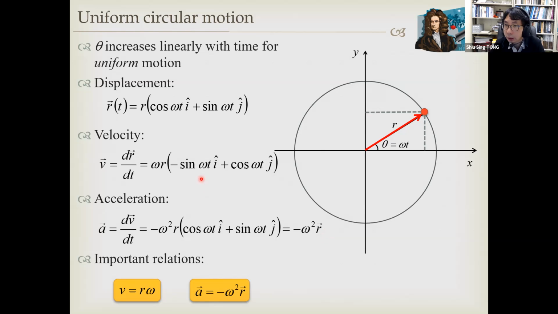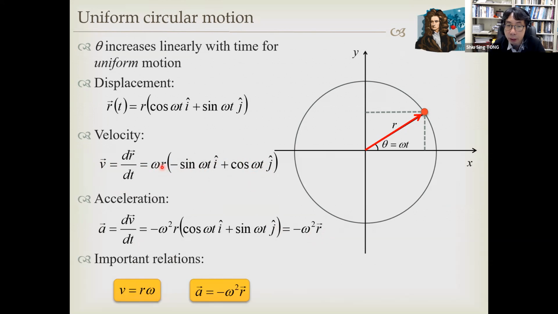You can see there are two important relationships coming out here. The first is the relationship between the linear velocity and angular velocity: they are related by v equal to r omega, where r is the radius of the circle. Because the vector in the bracket is a unit vector, the magnitude of v is related to the magnitude of omega by a factor of r.